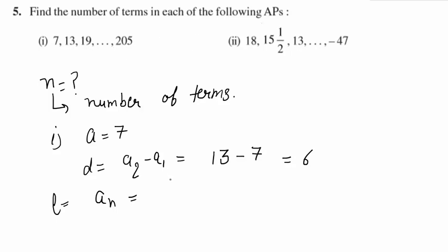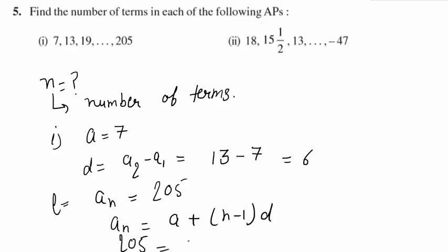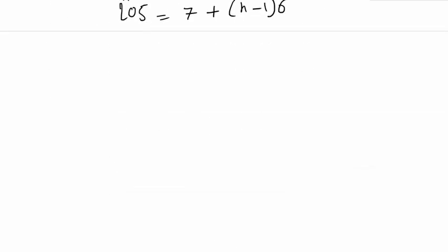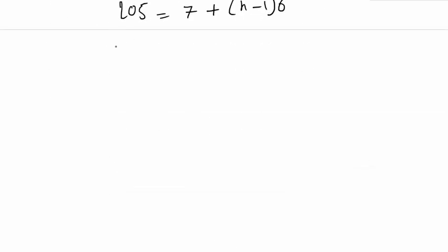Here the last term is 205, and now substitute in the formula an equals a plus n minus 1 into D. Now an is 205 equals a, here a is 7, plus n minus 1 into D. The D is 6. Now 205 minus 7 equals 6n minus 6.